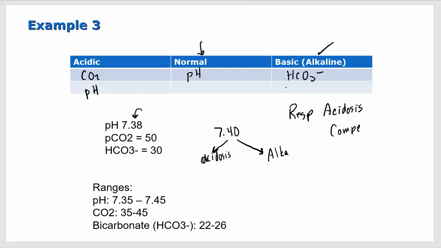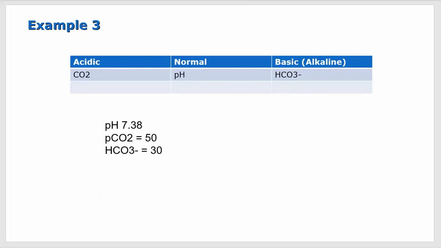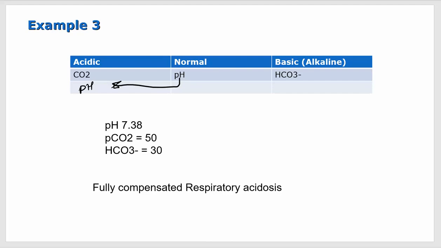So good job, kidneys, you have fixed the pH, compensated. So respiratory acidosis compensated. Same thing, same process. And then fully compensated respiratory acidosis. I just didn't move that pH. So you can do that. You can move the pH over here and say it's on the acidosis side of things.